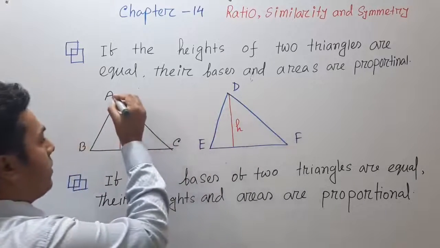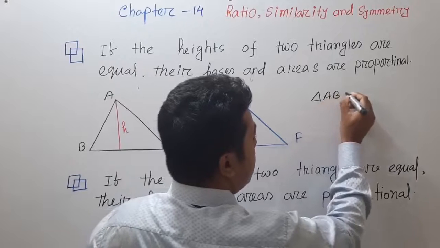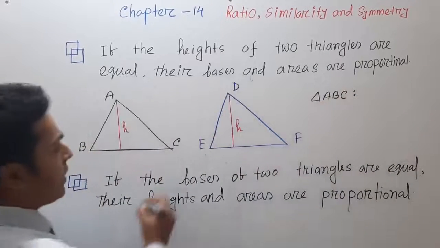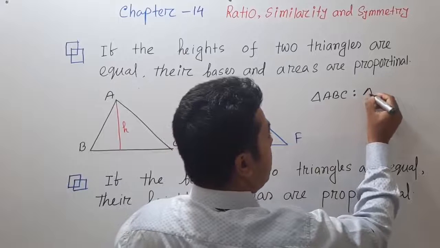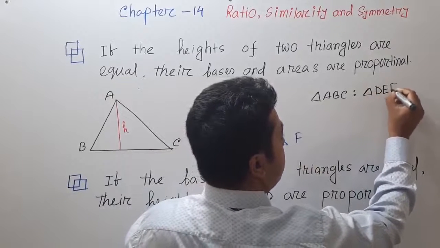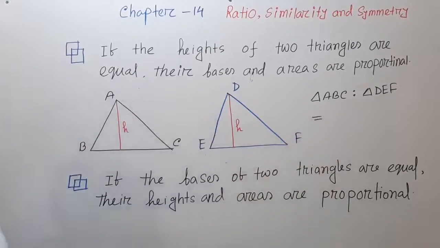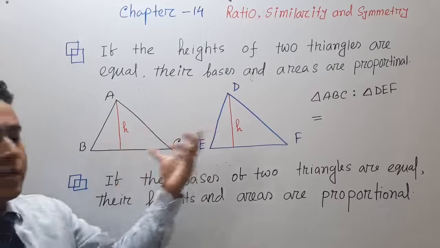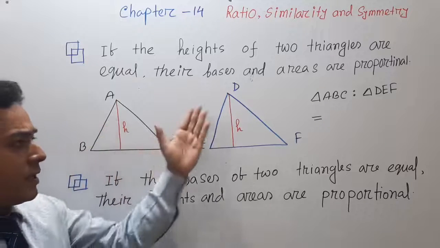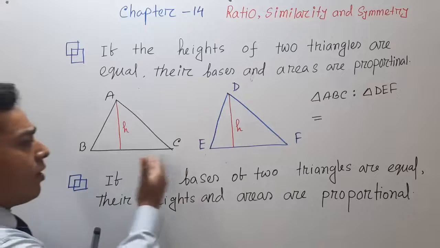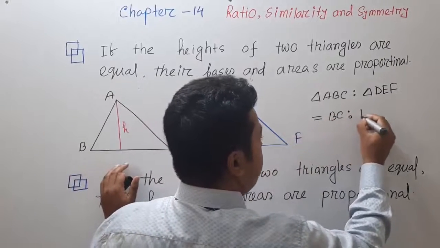That means the ratio of the area of triangle ABC to the area of triangle DEF is equal to the ratio of their bases, that means BC to EF.